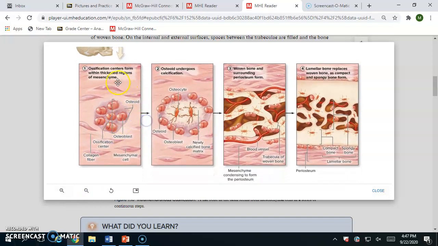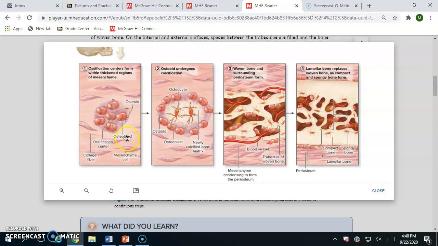Again, these little cells that you see here, and this tissue around them, this pinkish tissue, is all the mesenchyme. That's the tissue that was there before the bone formed. So what will happen is those mesenchymal cells will differentiate, meaning they'll transform into osteoblasts.